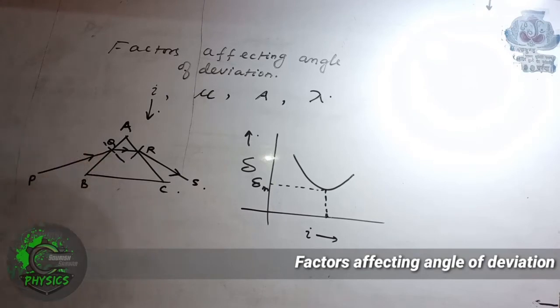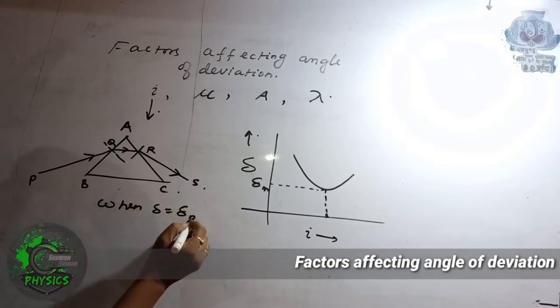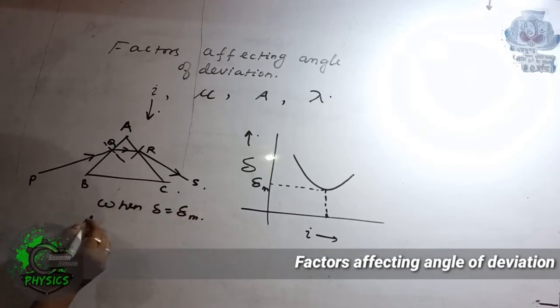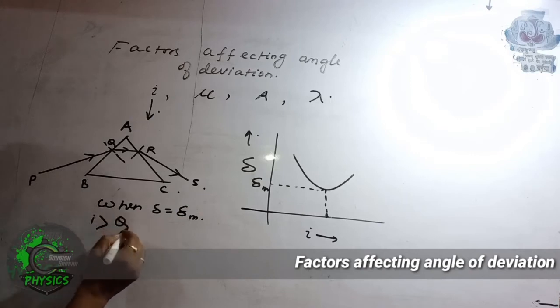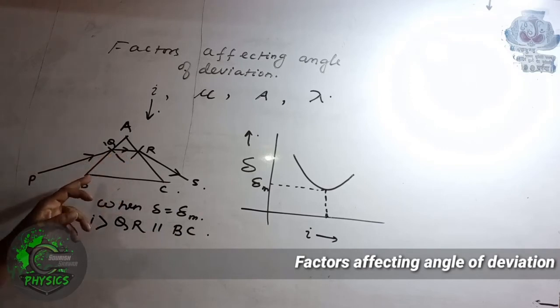Suppose PQ is the incident ray, QR is the refracted ray inside the prism, and RS is the emergent ray. Remember, when delta equals delta m, QR will be parallel to BC.